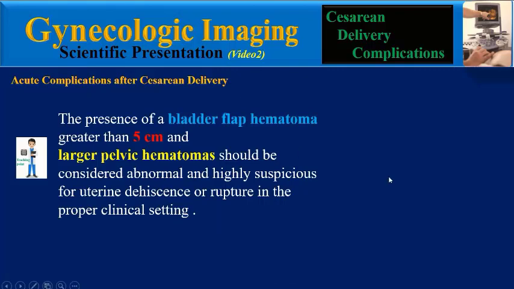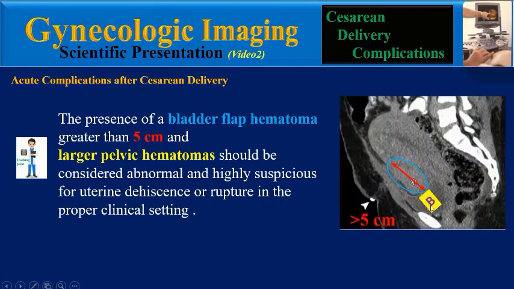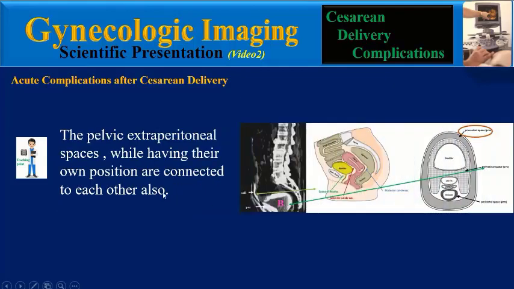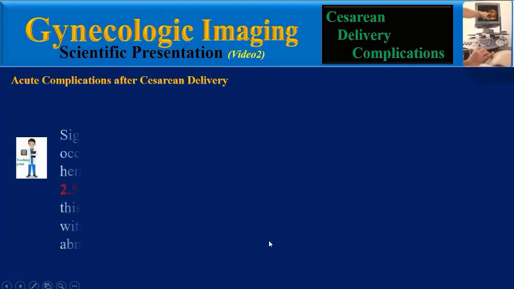The presence of a bladder flap hematoma greater than 5 cm and larger pelvic hematomas should be considered abnormal and highly suspicious for uterine dehiscence or rupture in the proper clinical setting. The pelvic extraperitoneal spaces, while having their own position, are connected to each other.